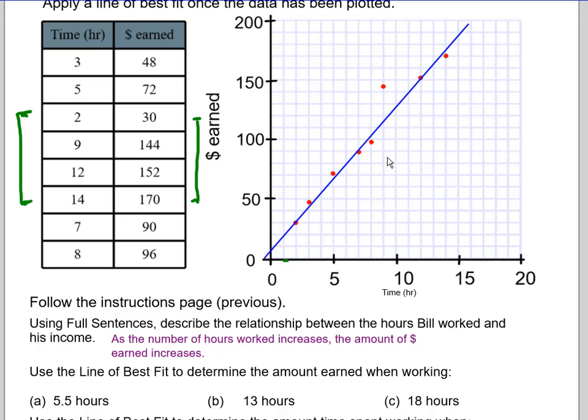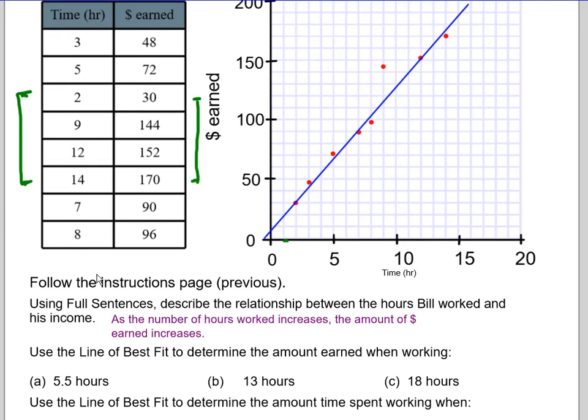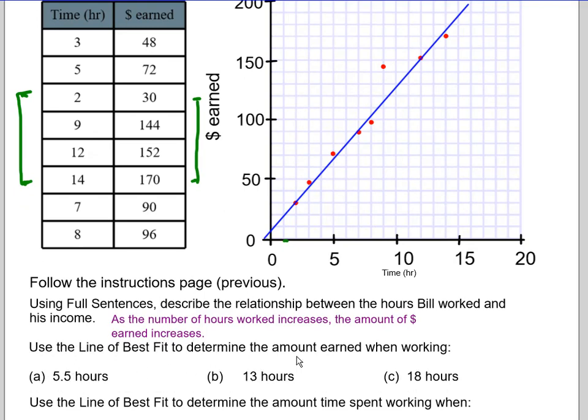Now to read and use the line of best fit: use the line of best fit to determine the amount earned when working 5.5 hours.